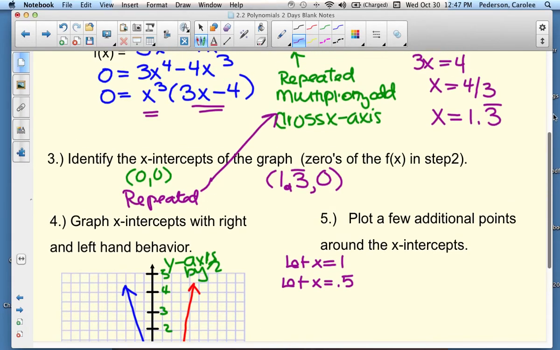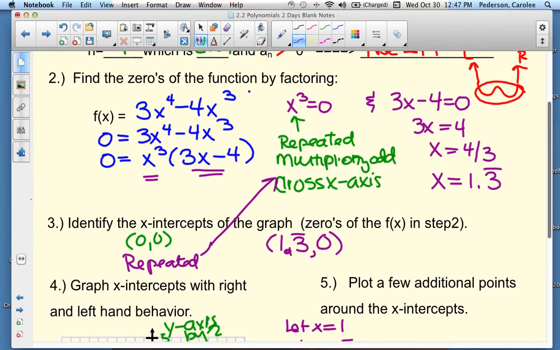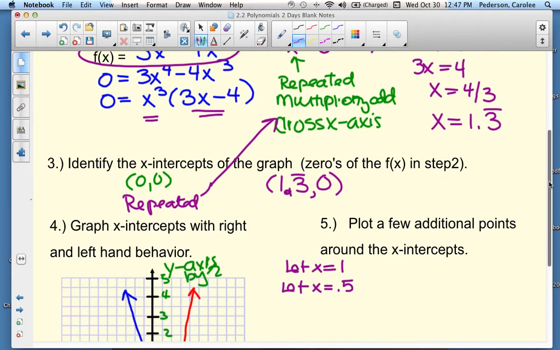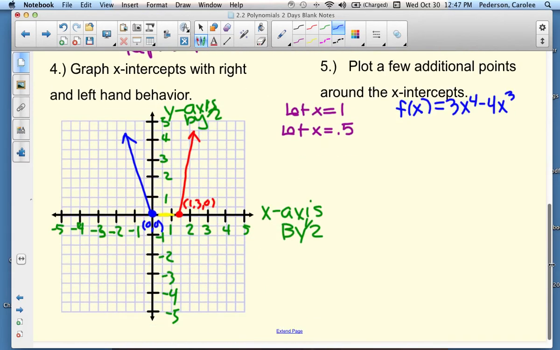So we're going to evaluate the function, 3x to the 4th minus 4x cubed. So let's start off with f of 1.